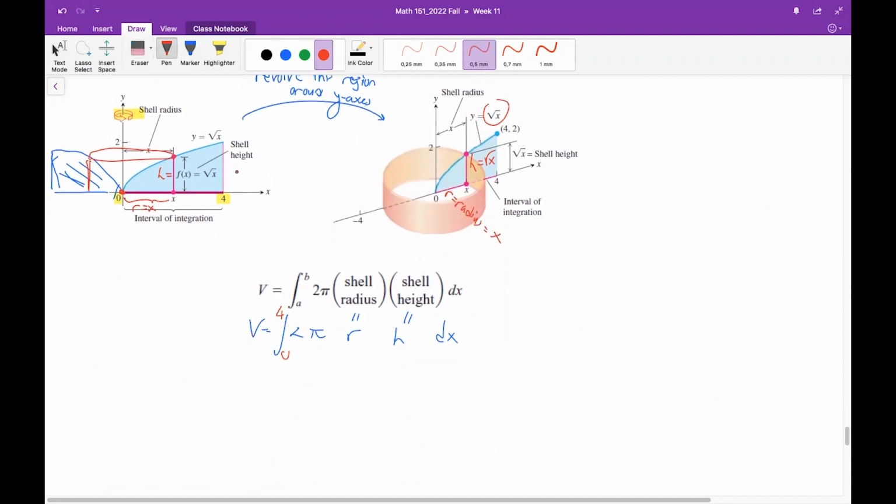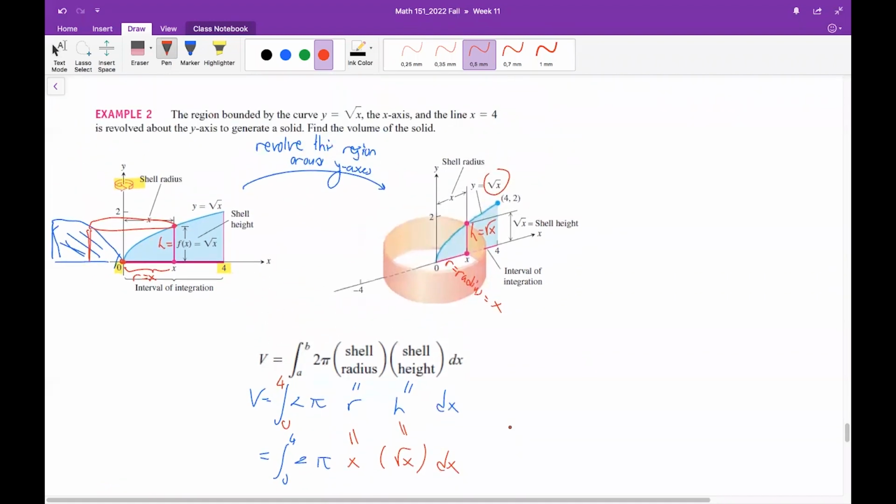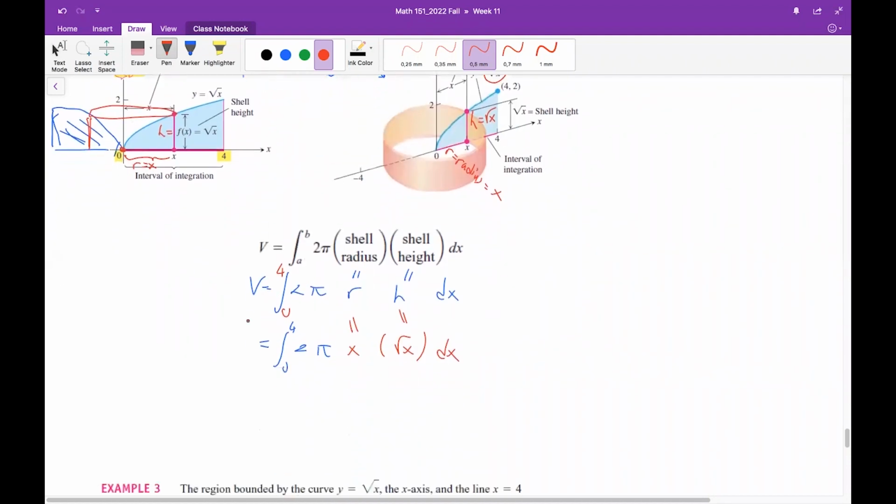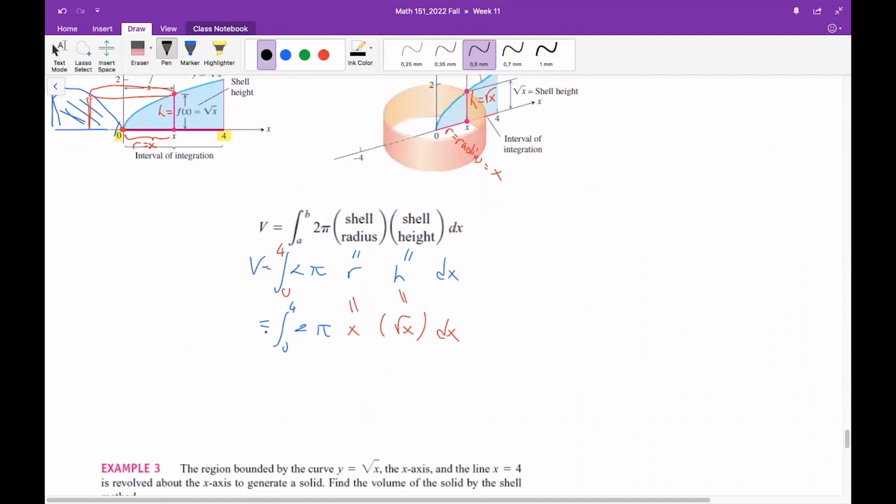And so let's compute the integral. From 0 to 4, 2 pi, radius is given by x, and height is given by your curve, dx. If you compute this definite integral, you will find the volume of this three-dimensional object obtained by revolving this region around the y-axis. So what is the result?